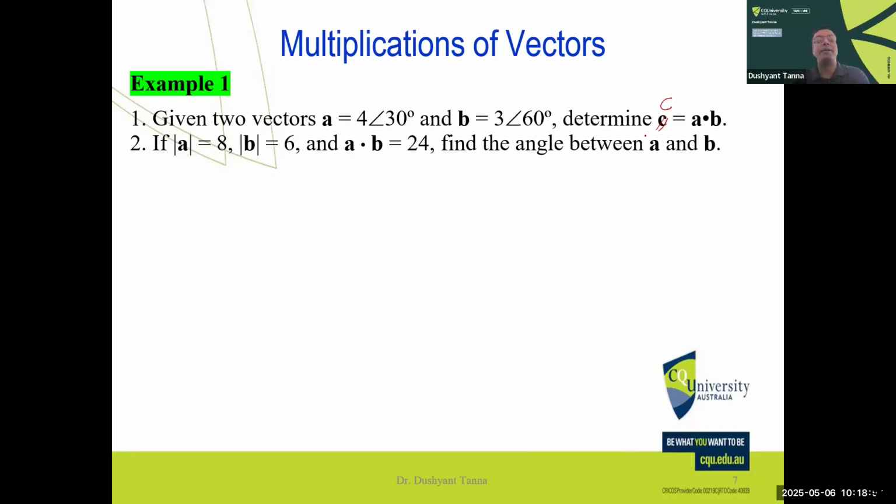A dot B is 24, find the angle. So we have two questions here. You are getting the first one, the dot product. And if you know the dot product, find the angle. Let's get along with the first one.